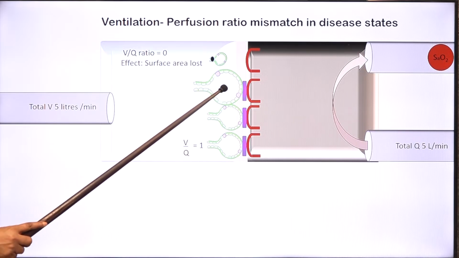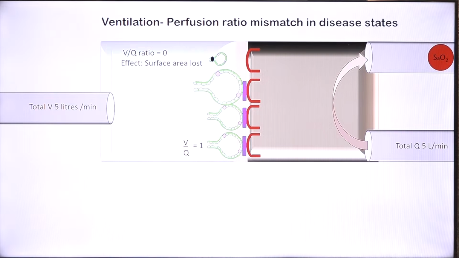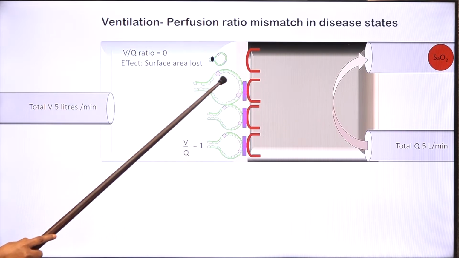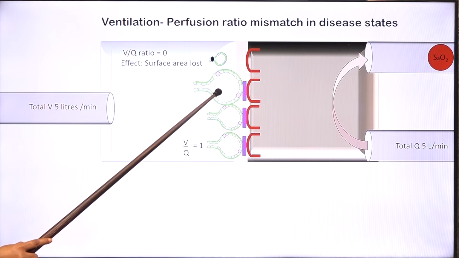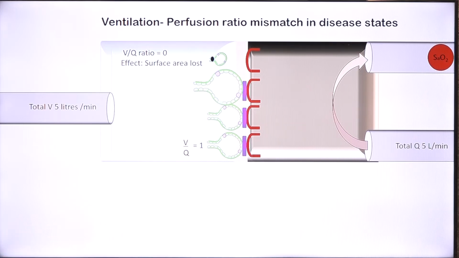So, is this going to compensate for the loss of gas exchange in this unit? Not really, because there is only so much blood coming here, and whatever extra ventilation went into this space may not be able to participate in gas exchange.